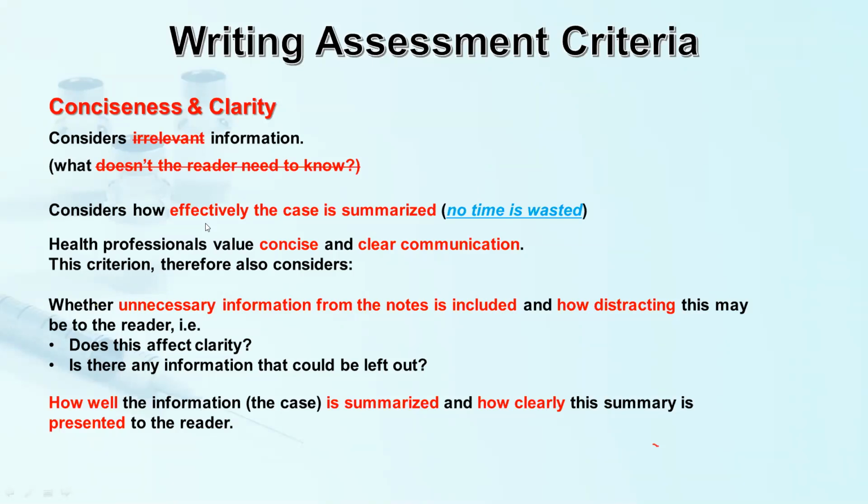Health professionals value concise and clear communication. This criterion therefore also considers whether unnecessary information from the notes is included and how distracting this may be to the reader. So you have to exclude the unnecessary information from the case notes.